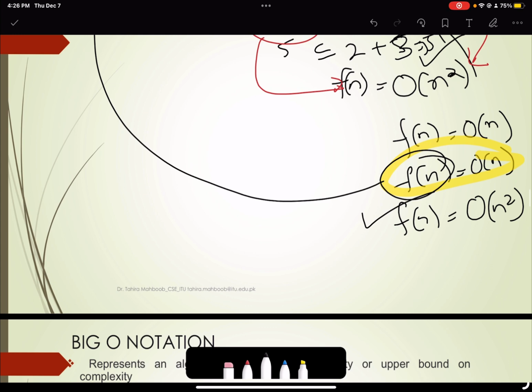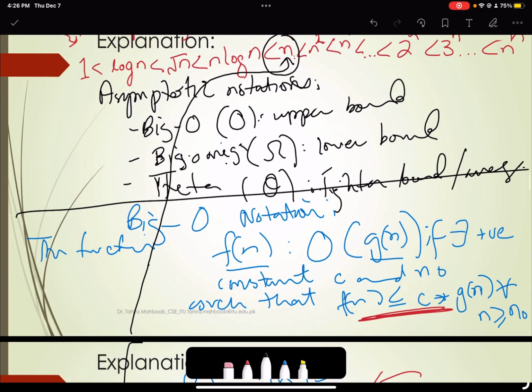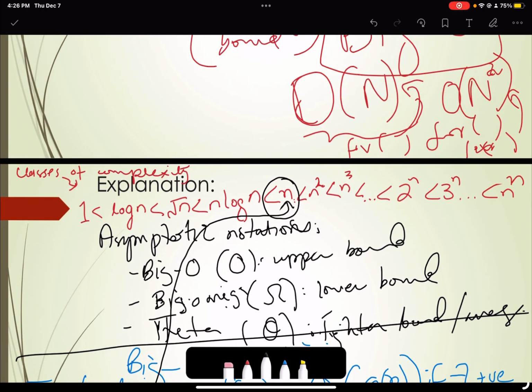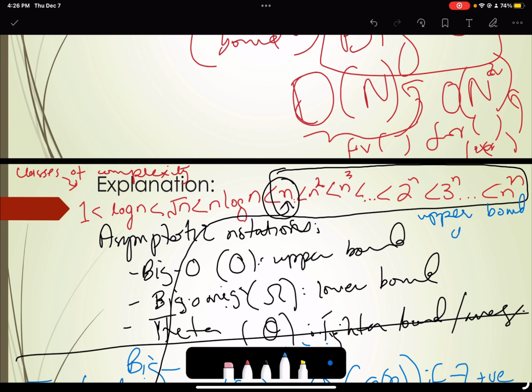f of n belongs to this class of algorithm, and your n squared belongs to this class. So all algorithms above this n are referred to as the upper bound class functions. All of these functions, n squared and cubic polynomial functions, belong to the upper bound.